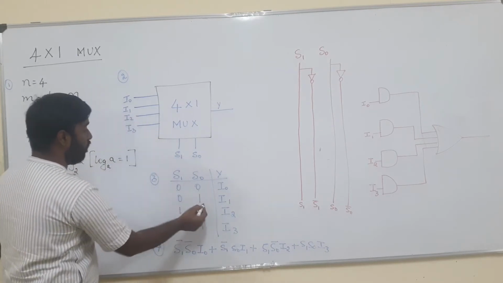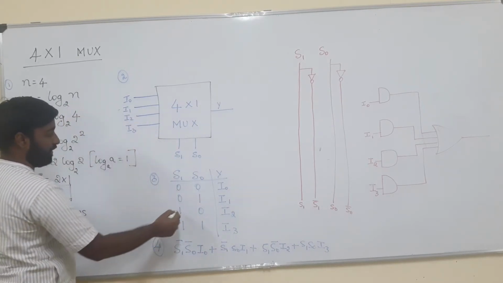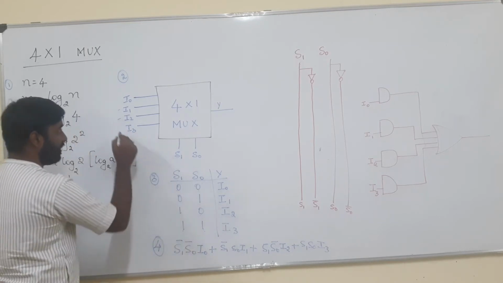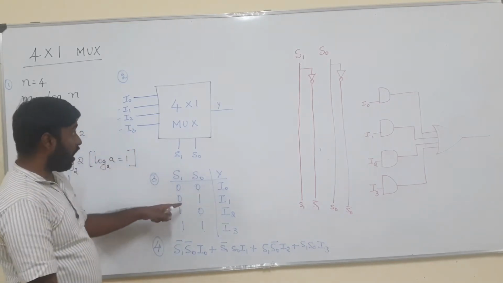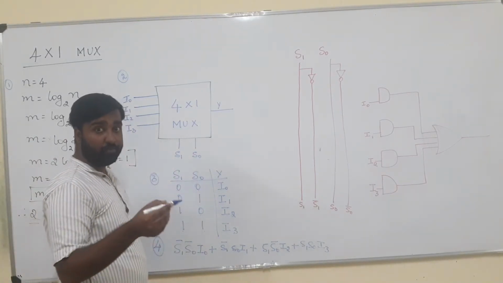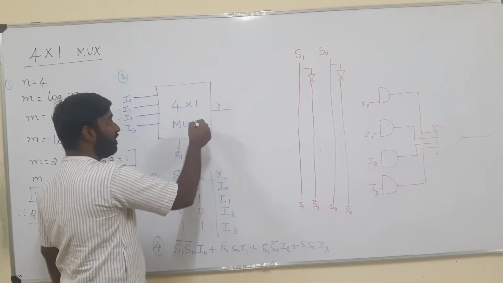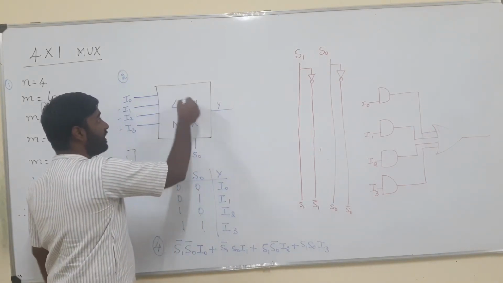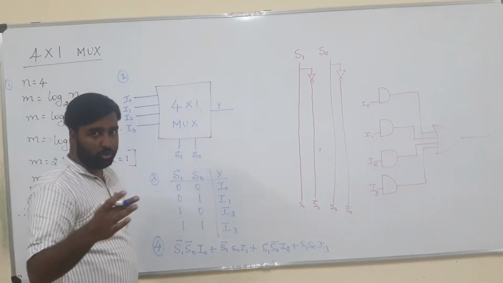Next, if it is 0 1, it produces I1. If it is 1 0, it produces I2. If it is 1 1, it is I3. So how will it be selecting? In my previous video, I told you that there will be a decoder over here. With the possible combination, it makes the connection with that particular input only.